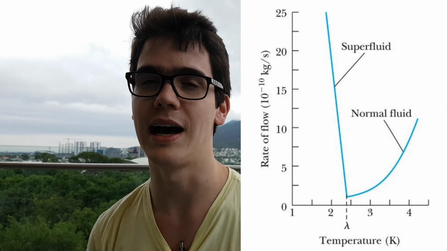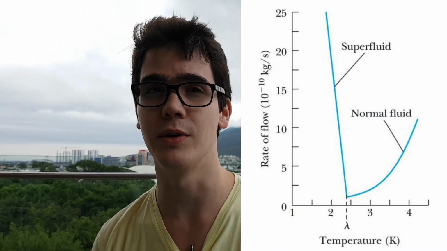Physicist Mendelssohn made a measurement of the rate of flow of liquid helium through a capillary tube as a function of temperature. He noticed that below the critical temperature, the fluid was behaving as a superfluid, and above the critical temperature, it was behaving as a normal fluid.